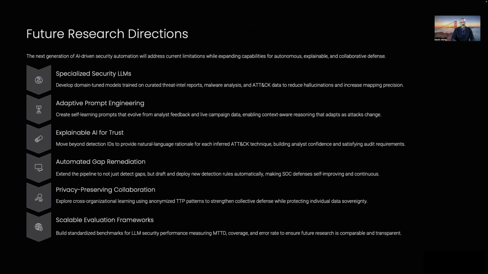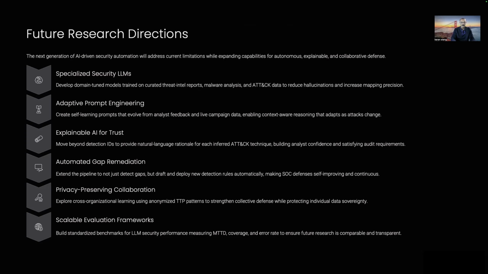We have to use adaptive prompt engineering. Essentially, that means we create self-learning prompts that evolve from analyst feedback and live campaign data, enabling context-aware reasoning that adapts as attacks change. Explainable AI for trust.